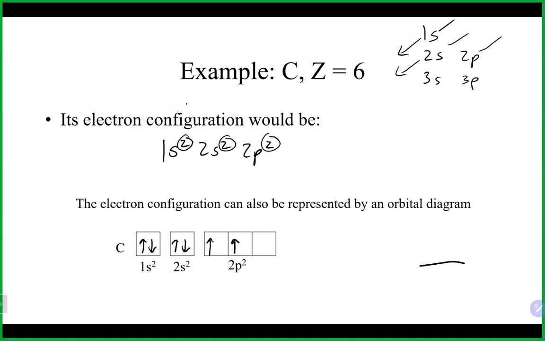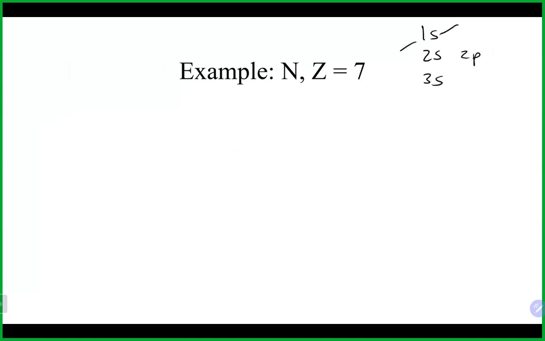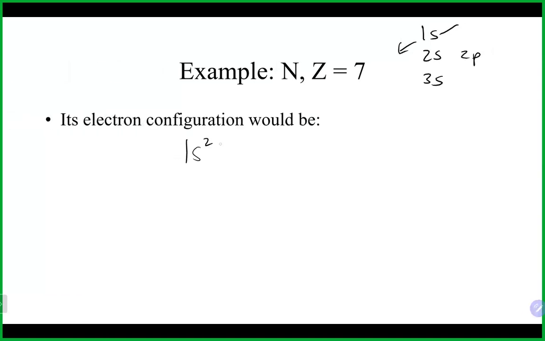Okay, then let's continue out the first 10 here, and we'll continue on here with nitrogen. So again, for our nitrogen, we're going to start up here like we've been doing. And that's going to give us a 1s2, 2s2, and 2p3 as we continue to zigzag this way.